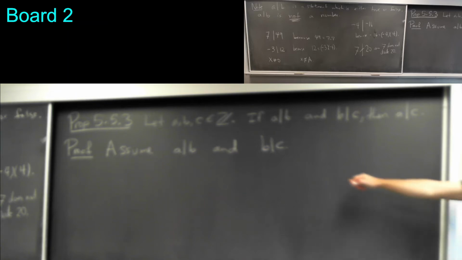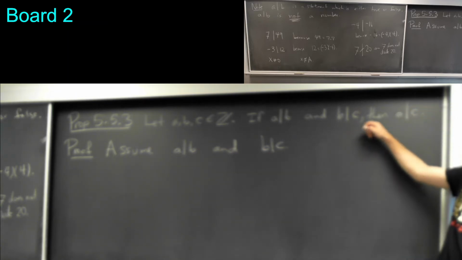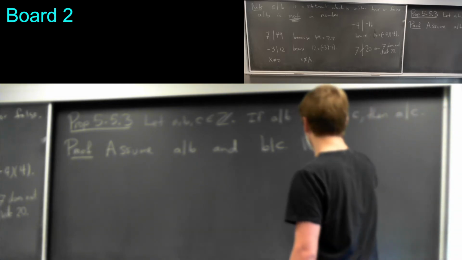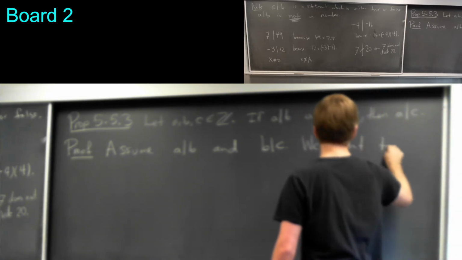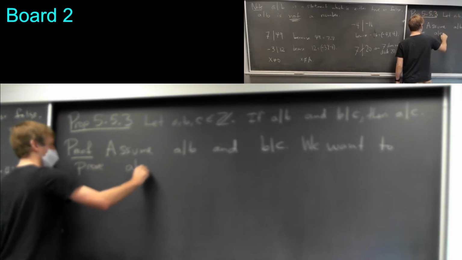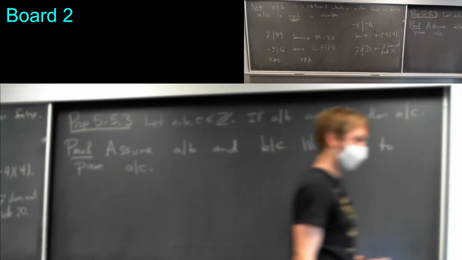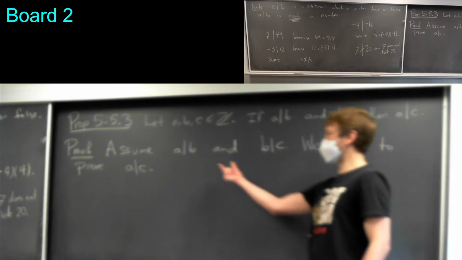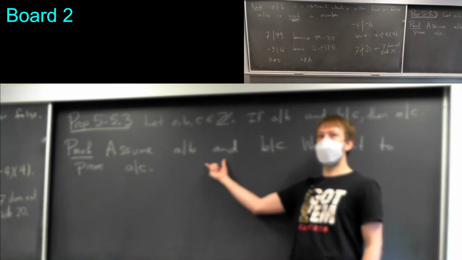We're going to assume this, and we're going to derive that a divides c. So we want to prove that a divides c. I'm assuming that this is true and this is true. What can I do with this information?